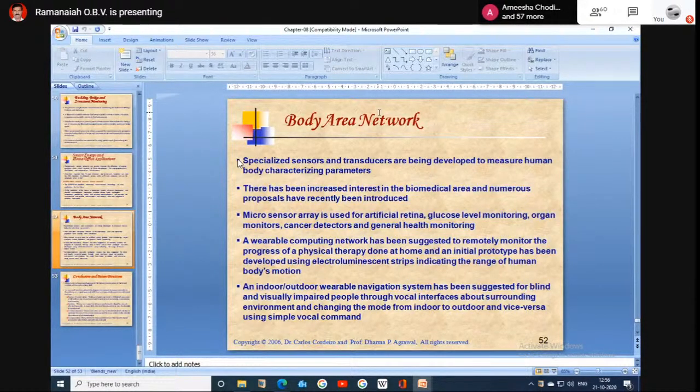Not GSM, it is the ISM band, which is used by Bluetooth. So that way you can use the technology and make the body area network operational.